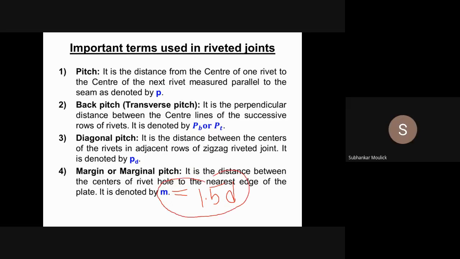Always keep this in mind. Margin m is equal to 1.5 times the shank diameter of the rivet. Is it clear? Any doubts so far? Sir, clear. Okay, fine.